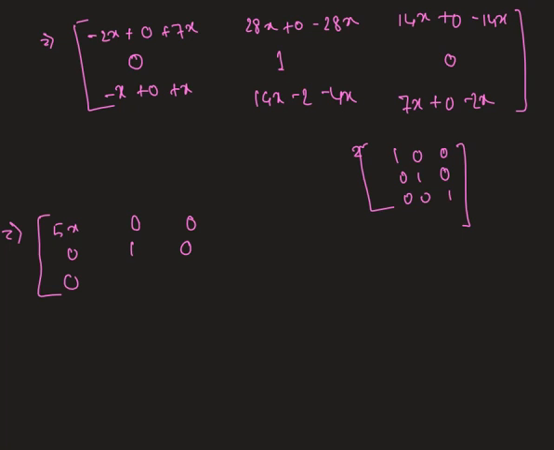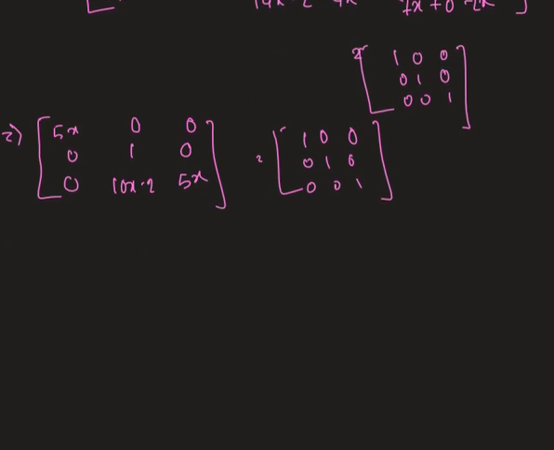In here we get 10x minus 2, and in here we get 5x. Okay, and it is equal to 1 0 0, 0 1 0 and 0 0 1.